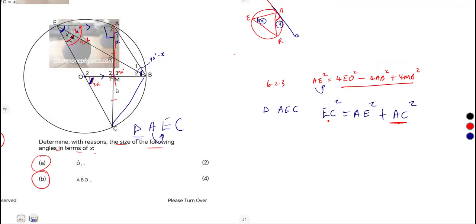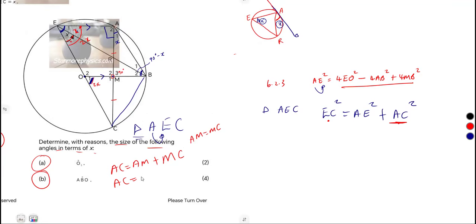The whole of AC is a combination of A to M plus M to C. So AC is equal to AM plus MC. But remember, from A to M and M to C, they are the same, so we can write it in terms of AM or MC, whatever you want, because AM is equal to MC.